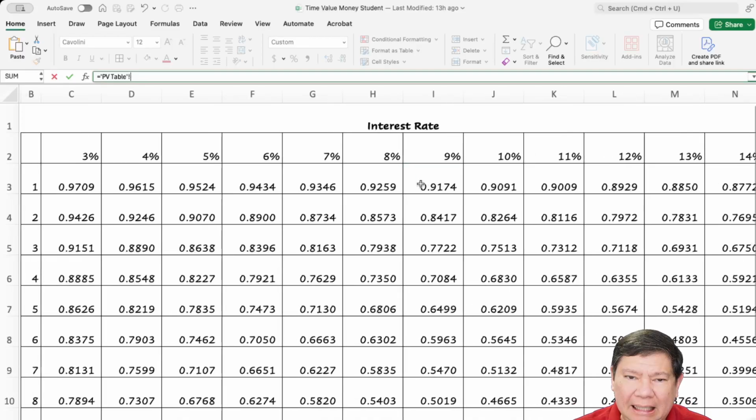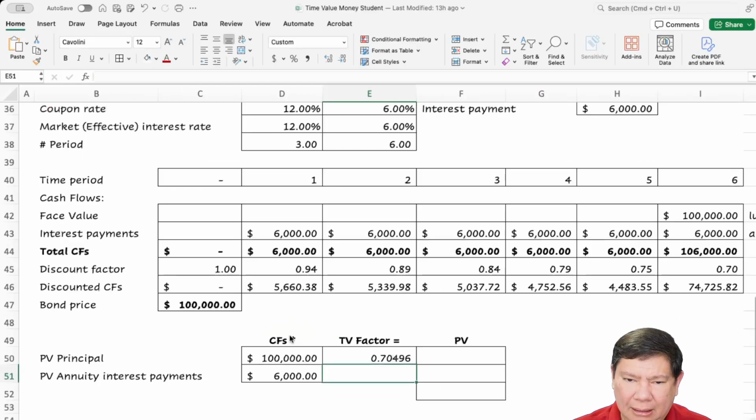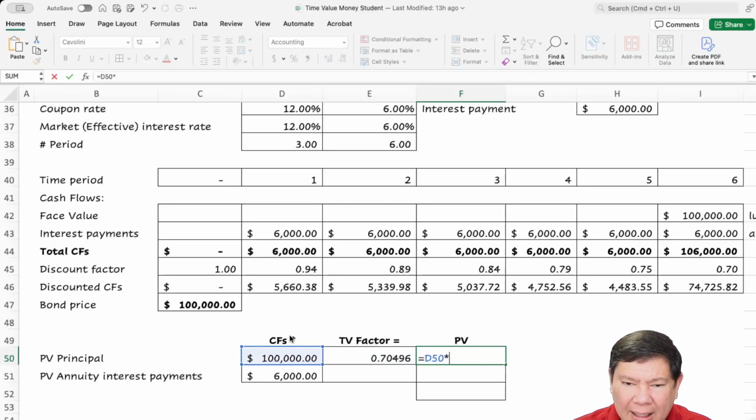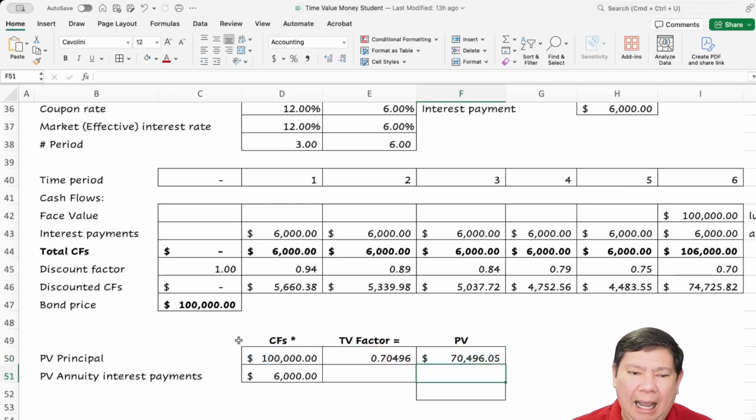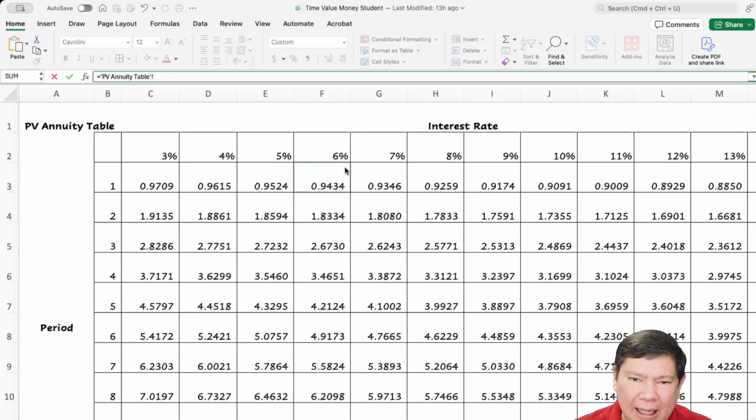We find 6% and 6 periods. We multiply that. Okay. And then for the annuity, we also find 6% and 6 periods.